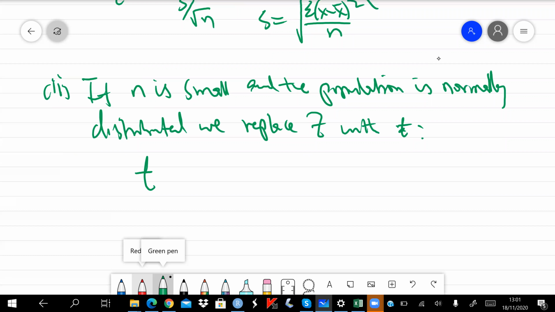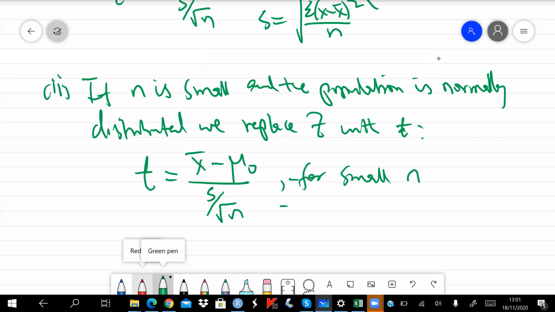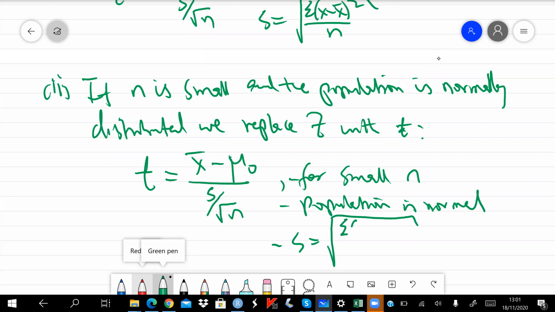So we have T equal to x bar minus mu naught over S over root n. This is for small n where the population is normal, and S in this case is given by an adjusted formula: the summation of x minus x bar squared divided by n minus 1. So we adjust the formula for obtaining S as shown there.